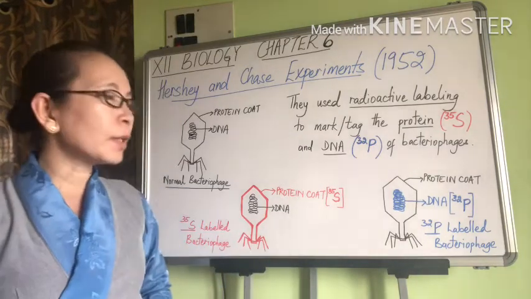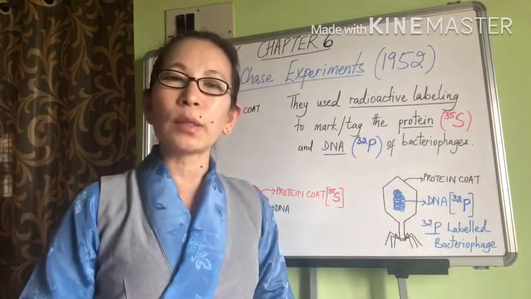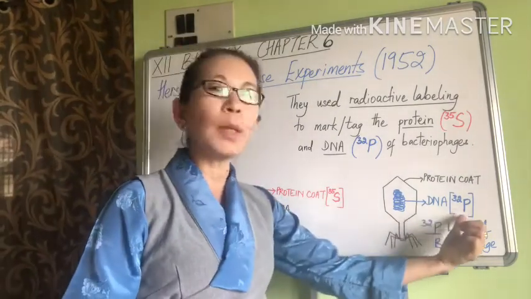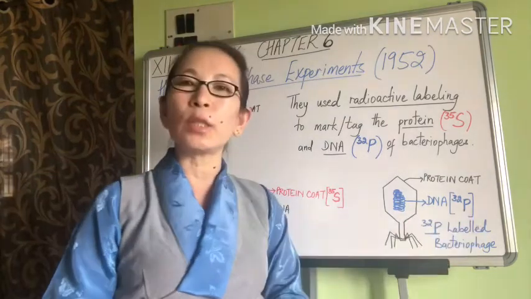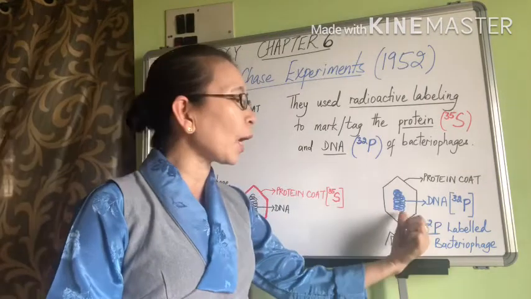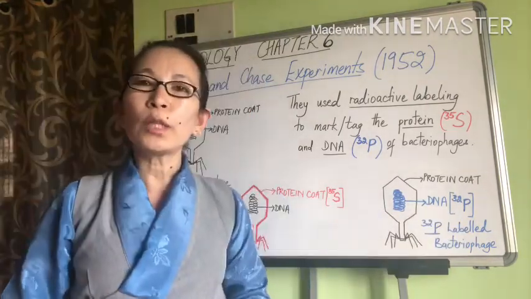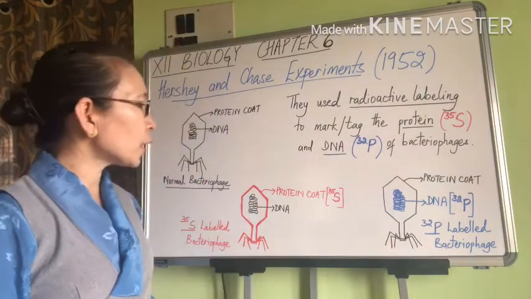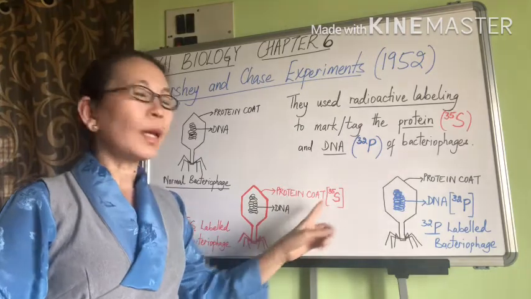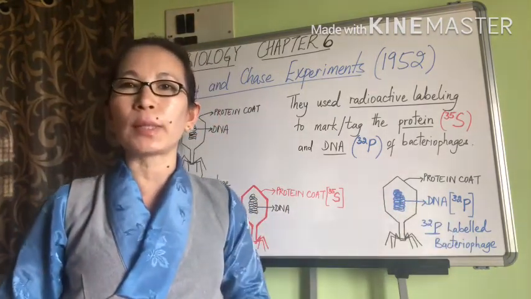In the second experiment, they developed phosphorus-32 labeled bacteriophages, which was again created by culturing the bacteriophages in a medium containing phosphorus-32. As a result, all of these bacteriophages are going to be having their DNA labeled with phosphorus-32. Through these two clever methods, Hershey and Chase could now easily trace S35 tagged protein and P32 tagged DNA of bacteriophages in the bacterial cell.